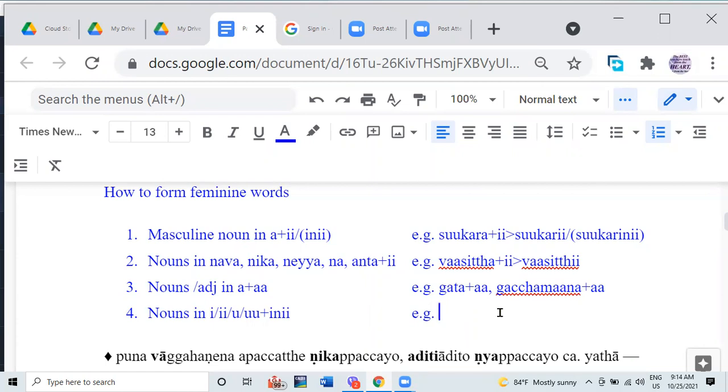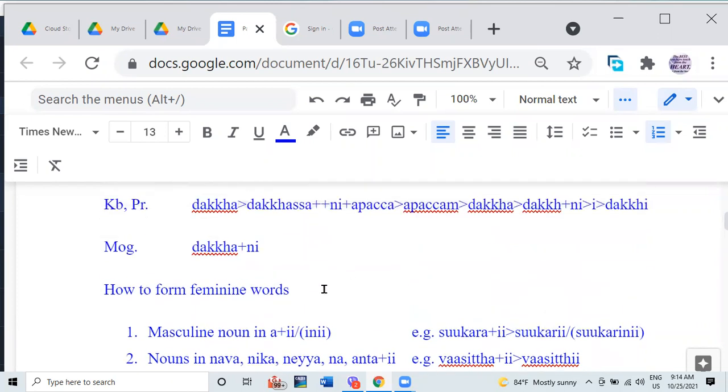For example, bhikkhu: only the inī suffix, so we have bhikkhunī, etc. These are important.